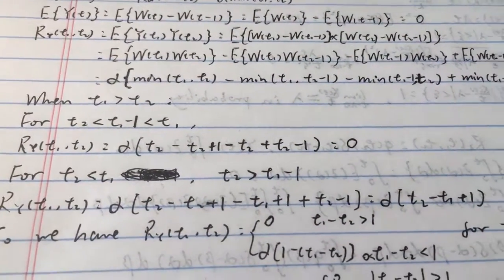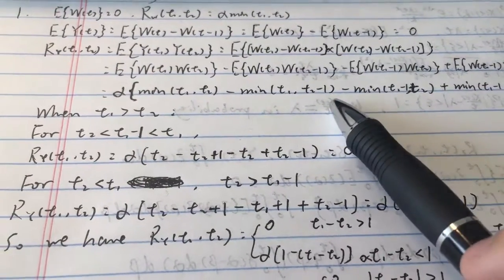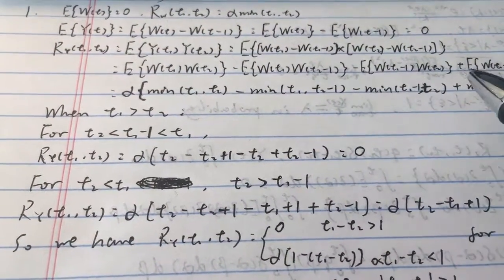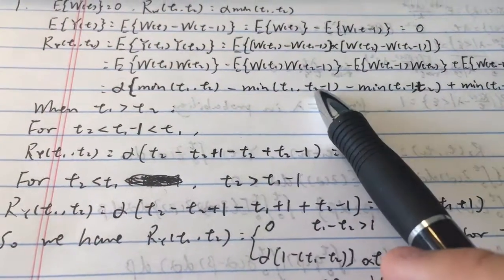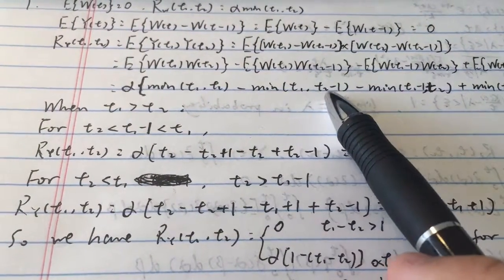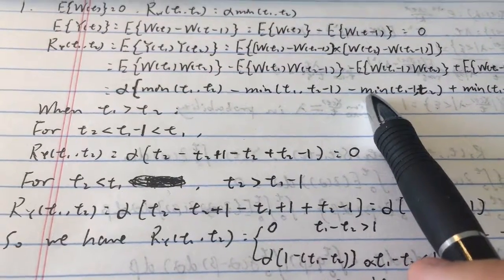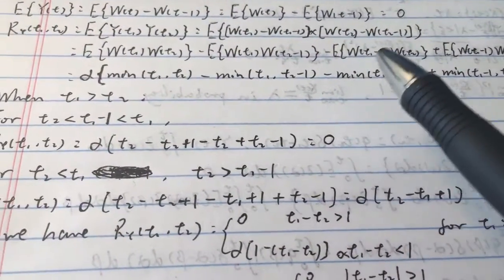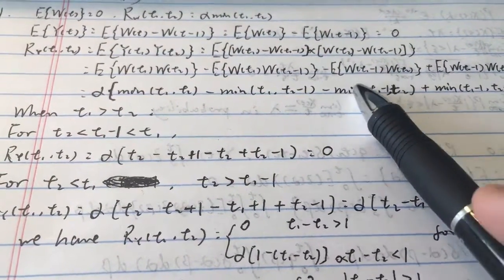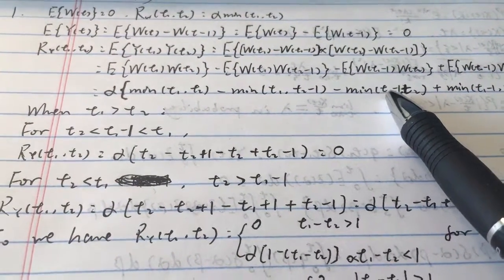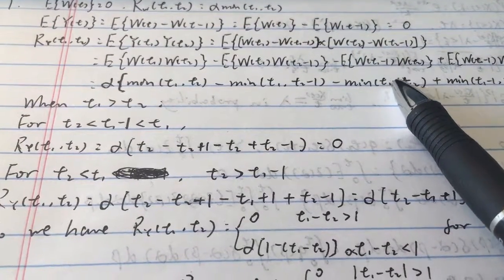In this case, the result changes. Here t2 is more than t1 minus 1, so in this element, the value should be t1 minus 1.